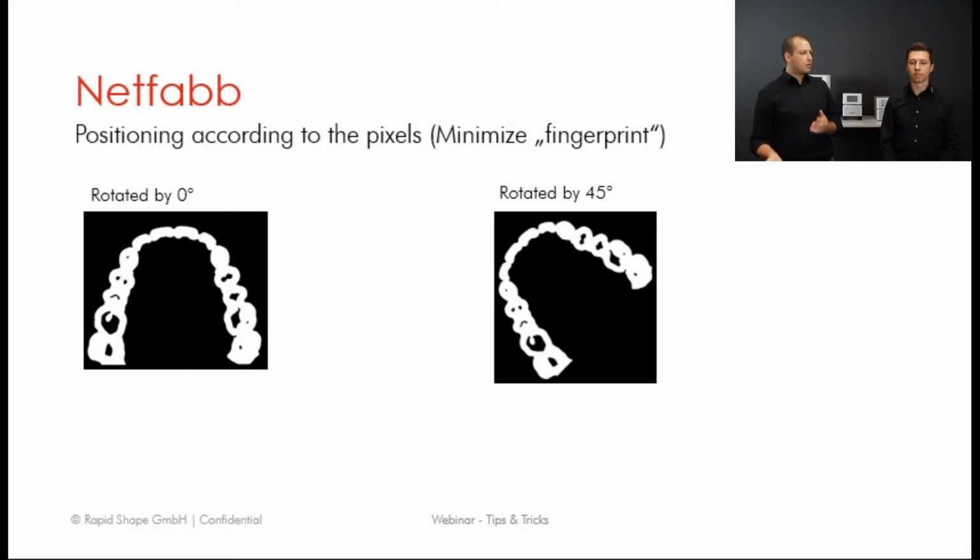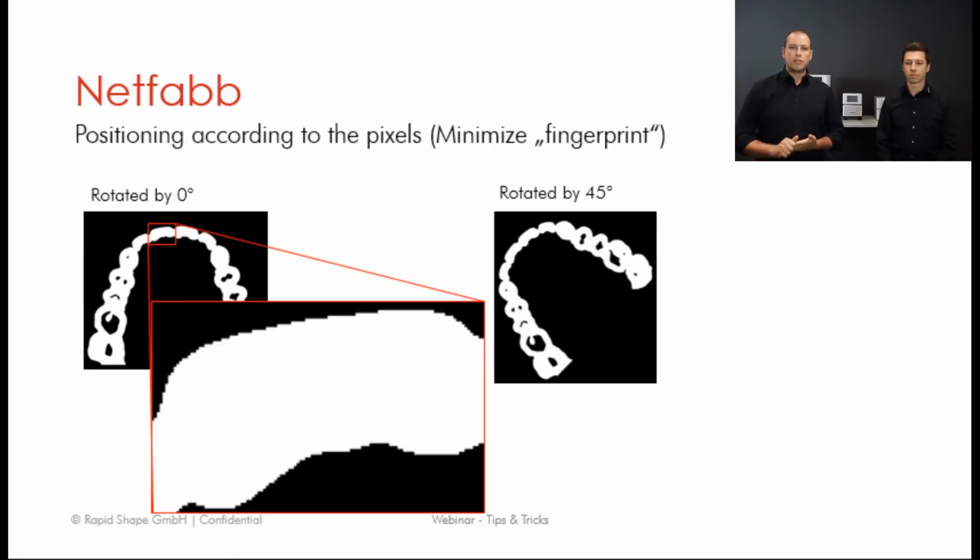Now this is a topic that we get many times. How can I decrease it, or how can I remove it altogether? Now, because the pixels that we use in the DLP technology are made up of little squares, we can illustrate this as follows. On the left hand side, we have just a basic model. I sliced it through the middle, and we're going to look at one of the front teeth.